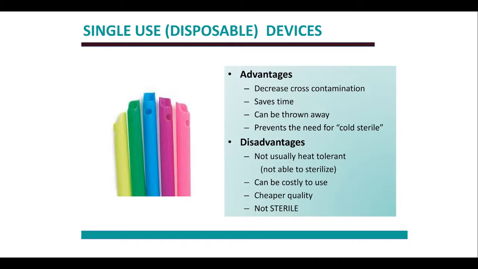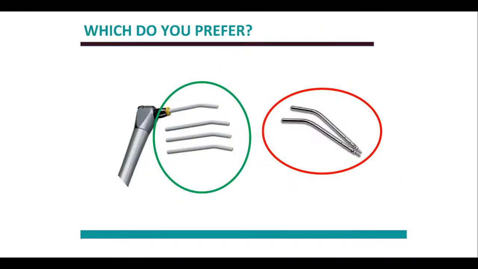So if you're working in a surgical environment, you definitely want to use reusable items that you can sterilize and can keep sterilized. So it pretty much comes down to preference. Which one do you prefer? Which one does your office prefer? Single-use disposable, or sterilizable, all in preference and what works good for you.